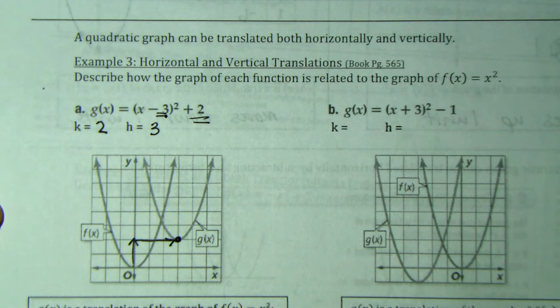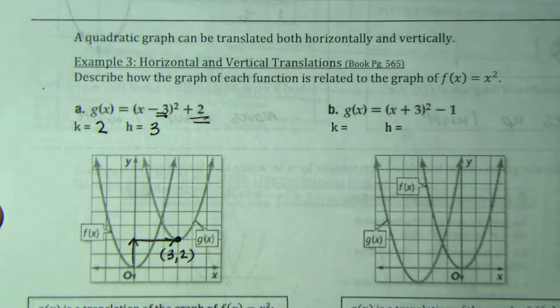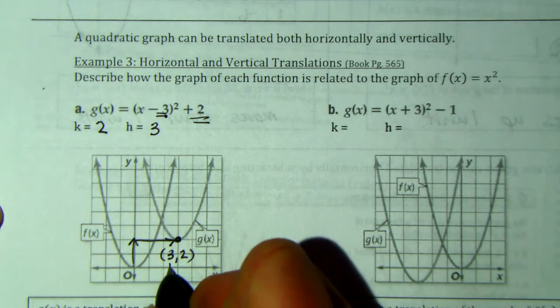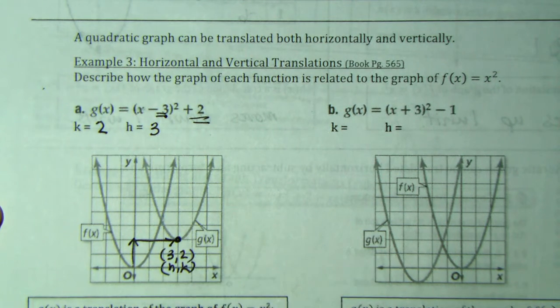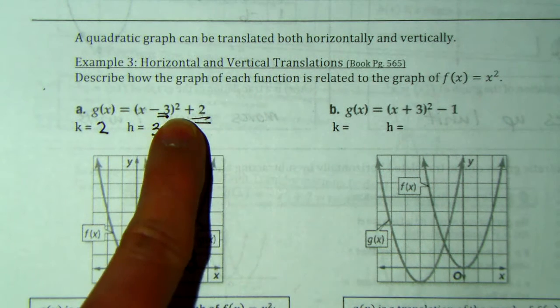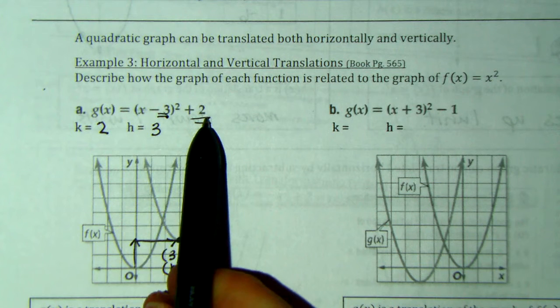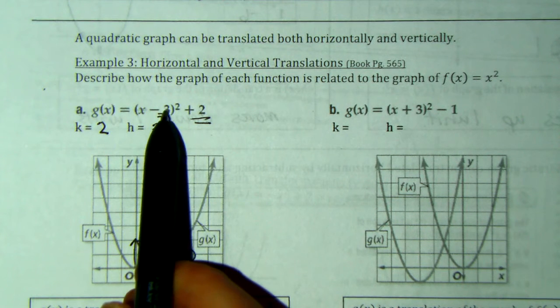The coolest thing about this is I can just look at that equation and know my vertex. Instead of, remember yesterday when we got it in standard form, we would have to do the negative b over 2a and calculate it, then plug it in to find your y. Right here, I know my y is 2 and my x of my vertex is 3.